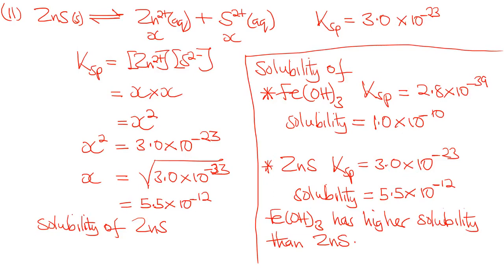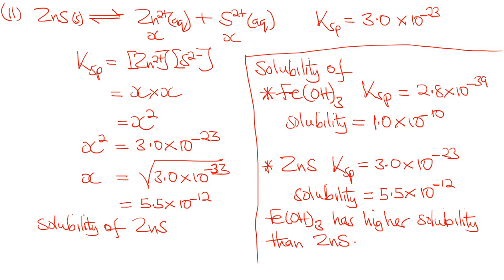If you just look at the KSP, you will think that maybe the zinc sulfide has higher solubility or dissolves more in water than the ferric hydroxide.